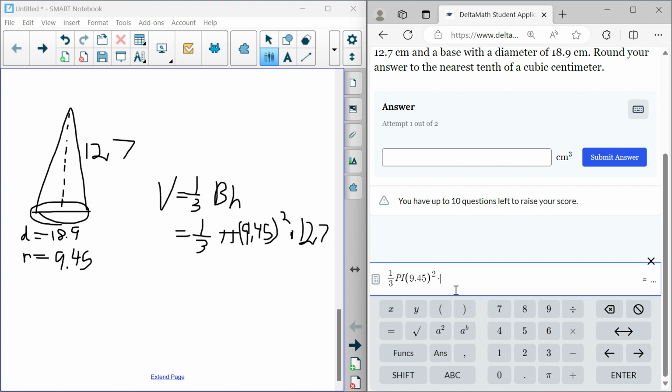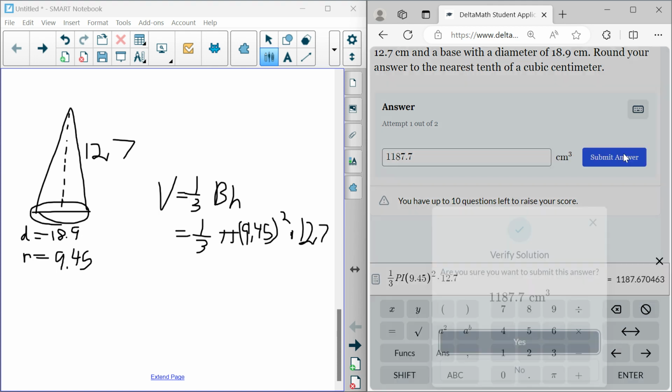And I'm going to hit times 12.7. We're finding our volume should be 1,187.67 cubic centimeters. Round to the nearest tenth. We'll show 1,187.7. Submit.